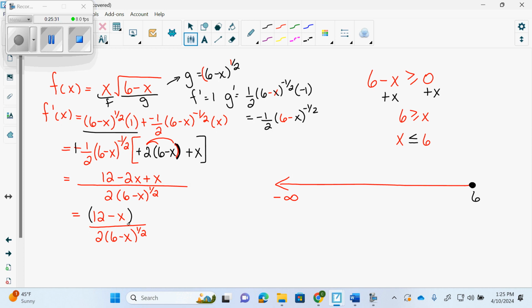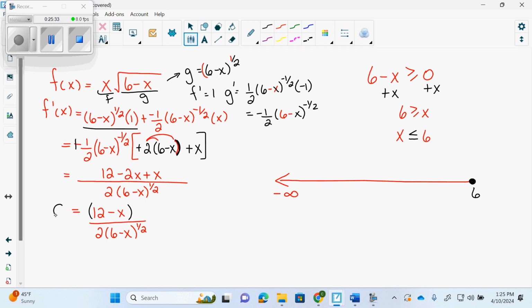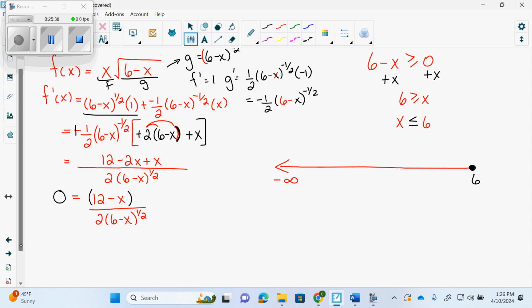So I take each of these separately and set them equal to 0. What's the matter? Why are you all giving me this face?